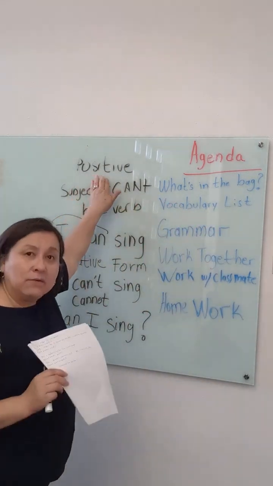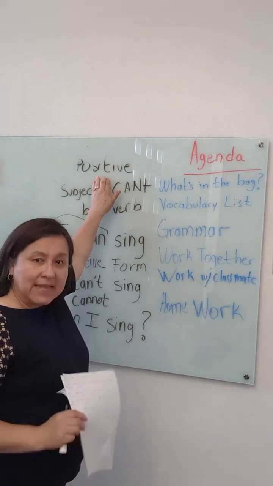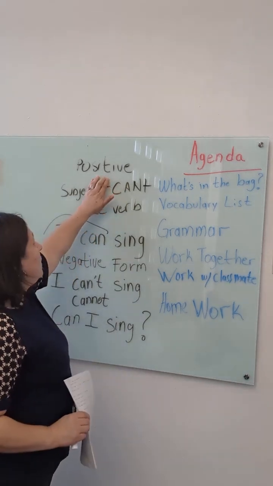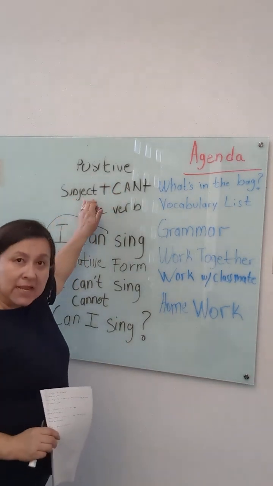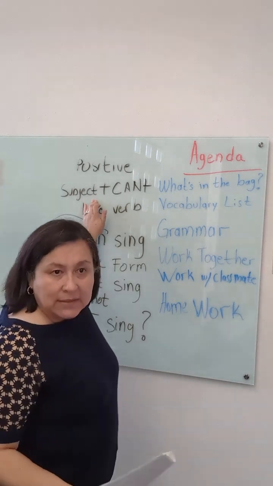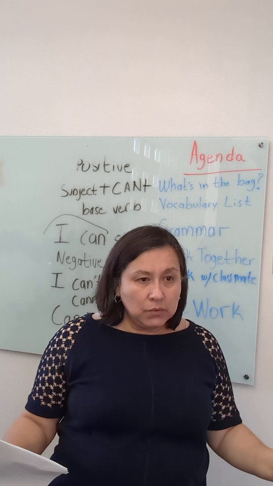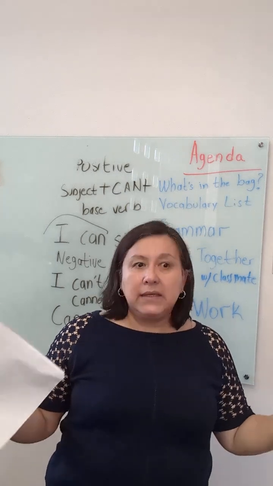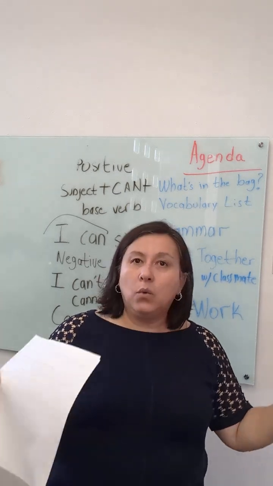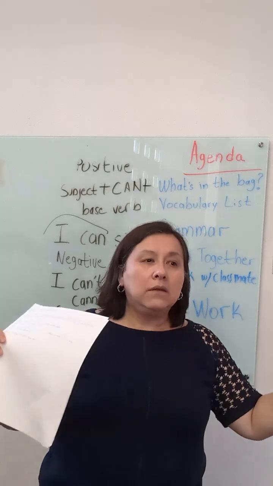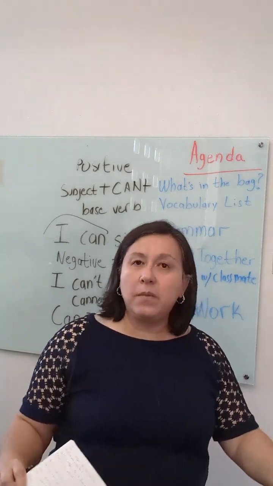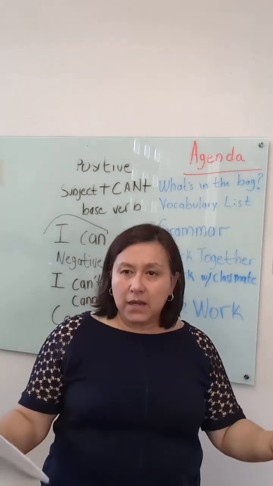So when we are writing sentences that are positive, we are going to use the subject. Do you remember the subjects? Yes, Maria? I, you, she, he, we, you for plural, very well, Robert, and they. Very good.